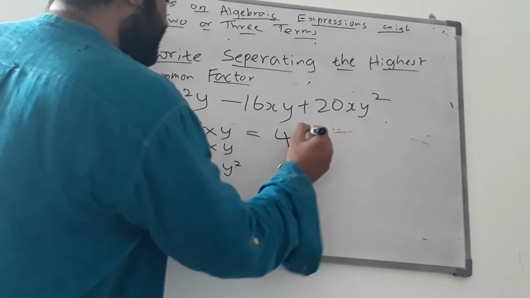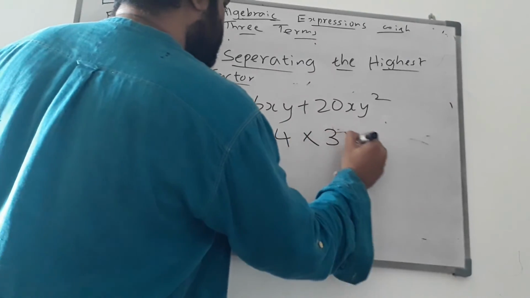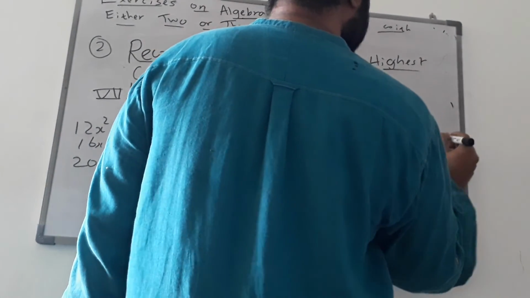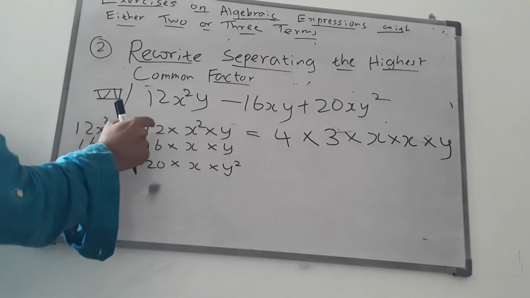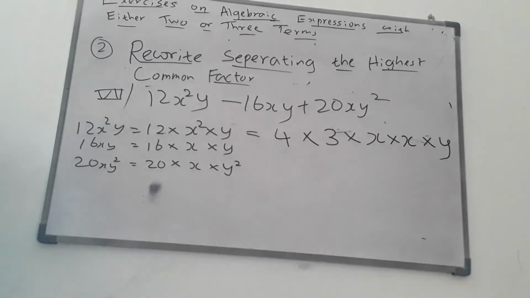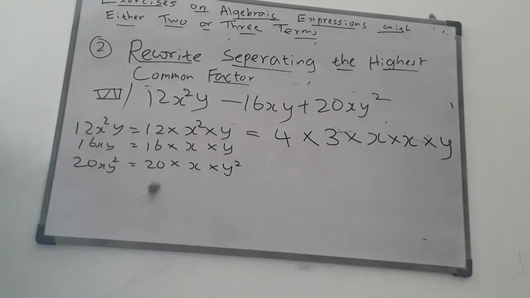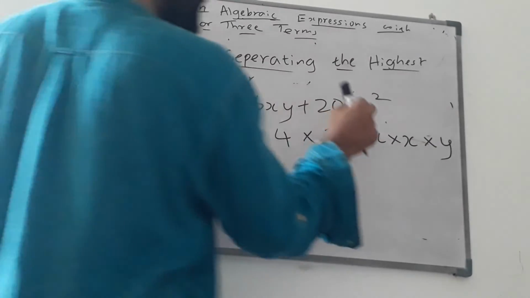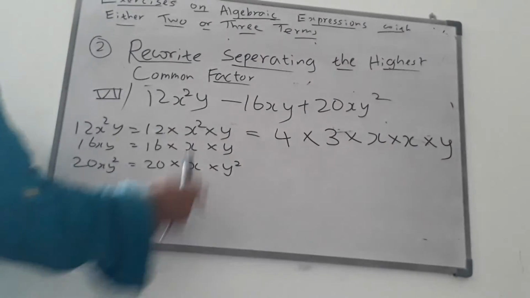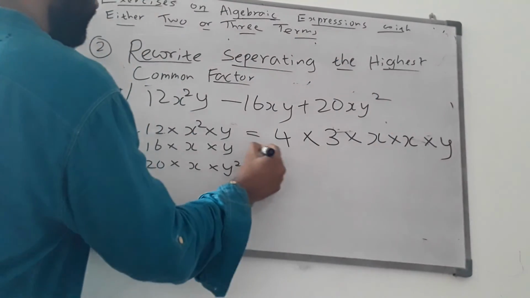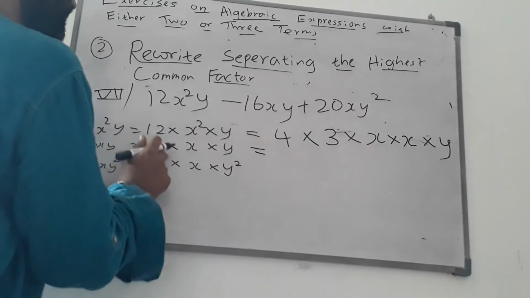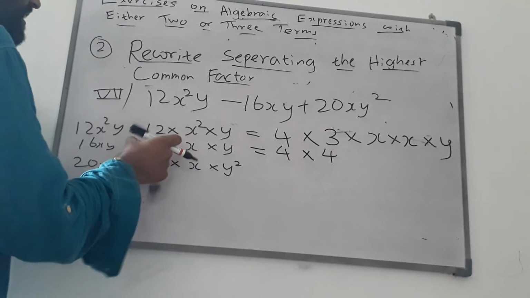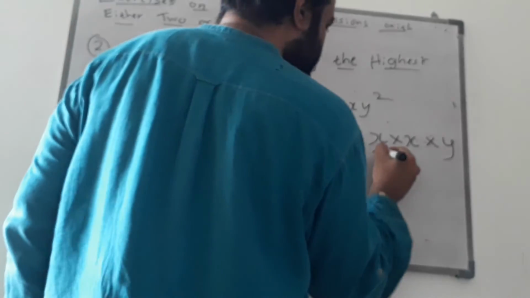So I am going to write 12 as 4 times 3. x squared can be written like x times x, times y. I wrote 12 as 4 times 3 because 4 is the highest common factor. Now 16xy: 16 means 4 times 4, times x times y.